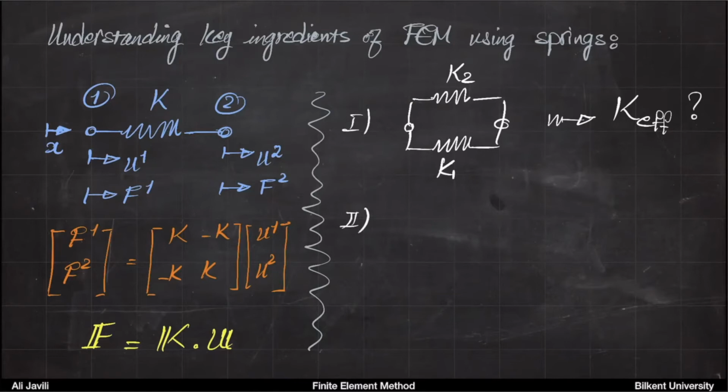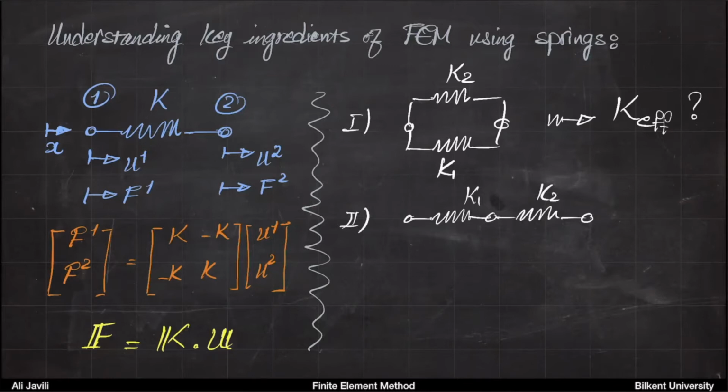The second thing we want to do is to look into this system. And now this would be maybe K1, this would be K1, this would be K2.